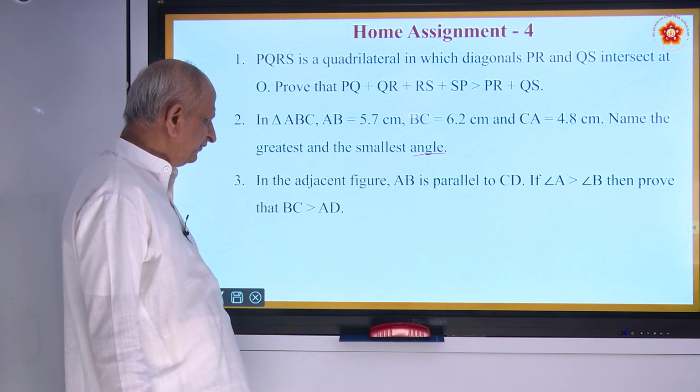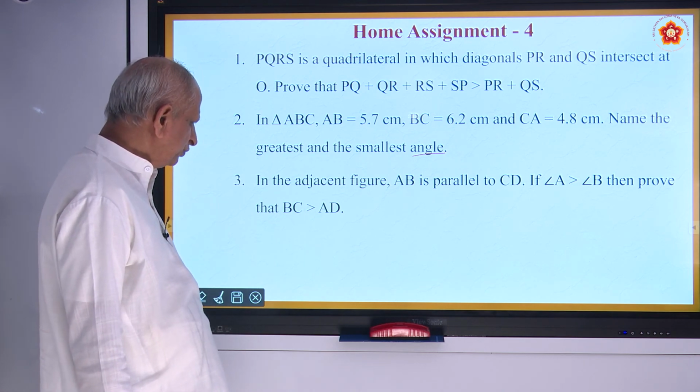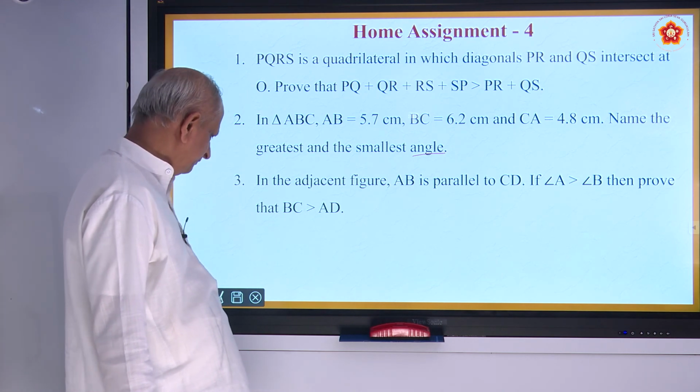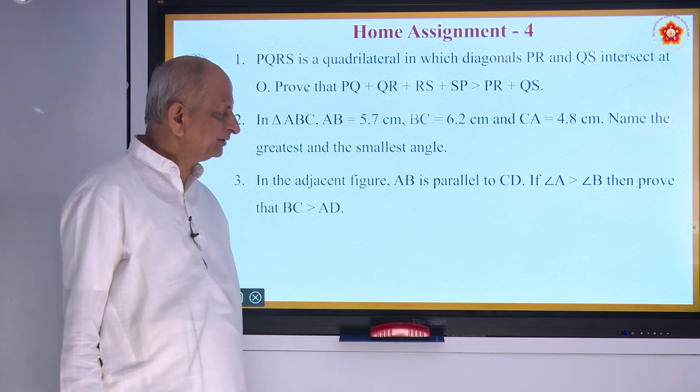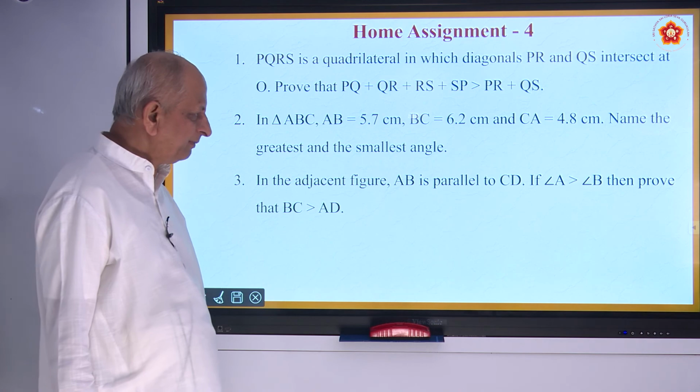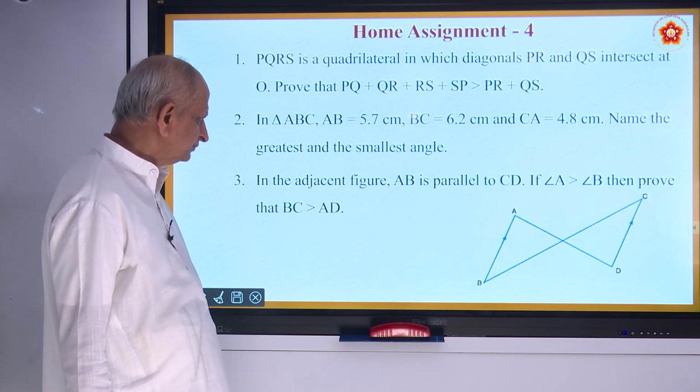Third one. In the adjacent figure, AB is parallel to CD. Angle A is more than angle B. Prove that BC is more than AD. Okay. Now let us see what Bhagavan Baba says. So here is a figure. This is the figure given.